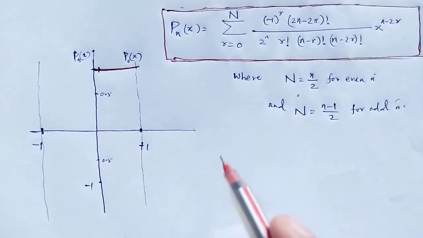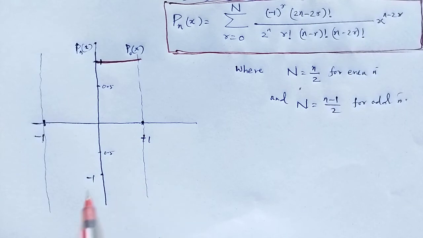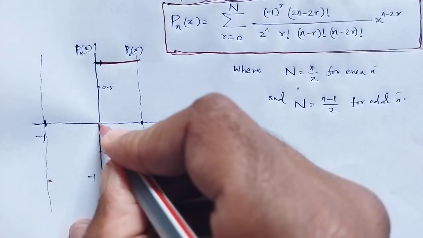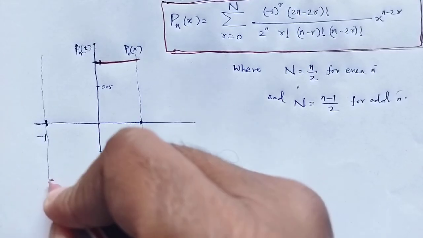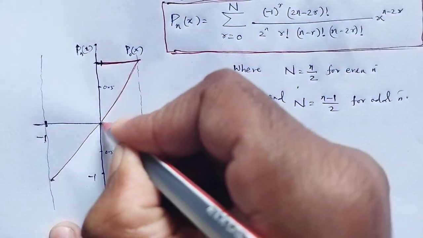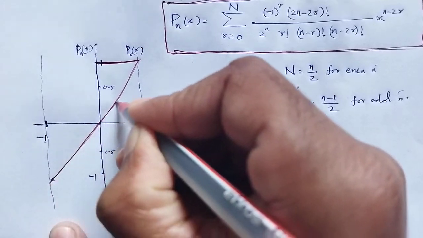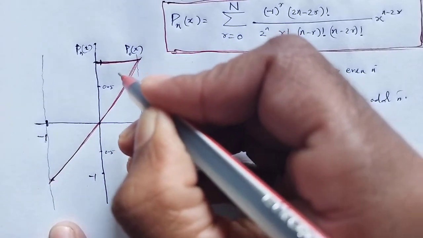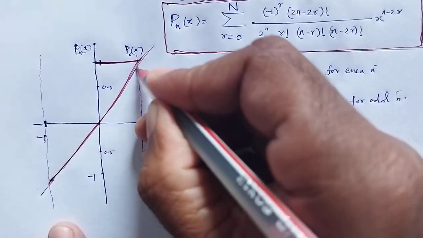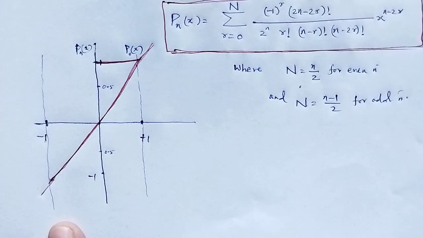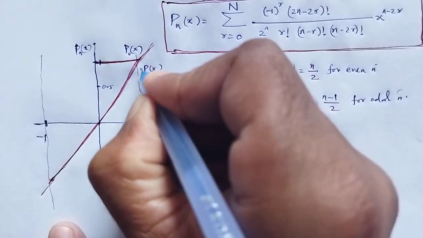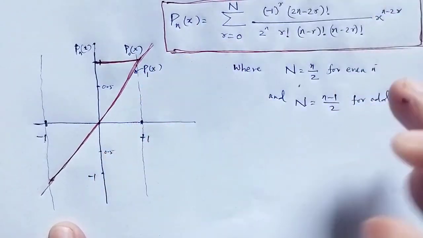I set the range here from -1 to 1, it will be a straight line, that is x. That is P1 of x, that line is P1 of x.